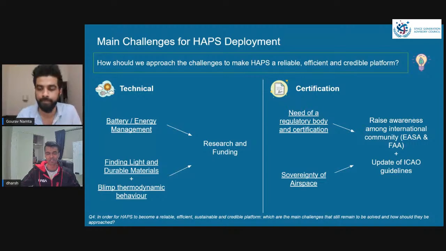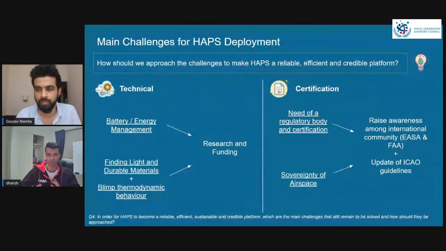But to go through these in detail, so from a technology standpoint, the fact that you need lighter structures, durable structures, and really, really strong energy management procedures for these things, it does pose a bit of a challenge. And I guess solar powers, batteries become quite important in making sure that the purpose of using HAPS remains green and efficient, because you don't want to cause the same issue as what we have out in space with space debris and everything that comes off of it.